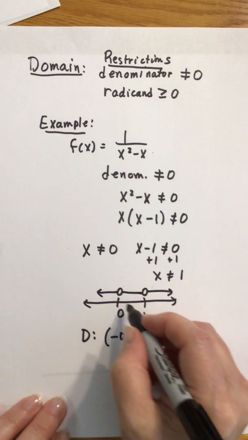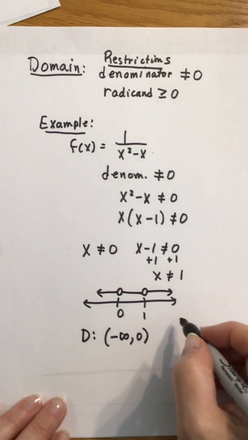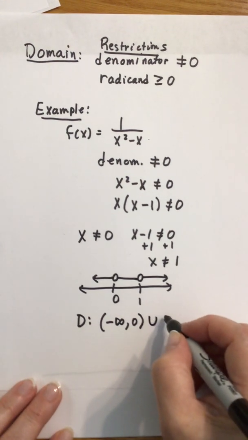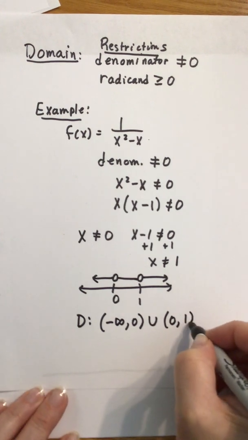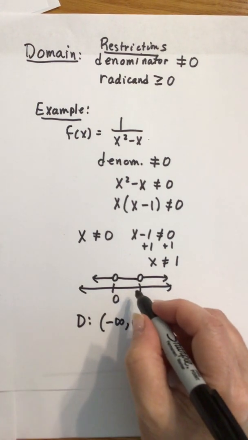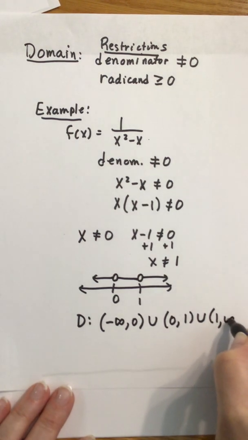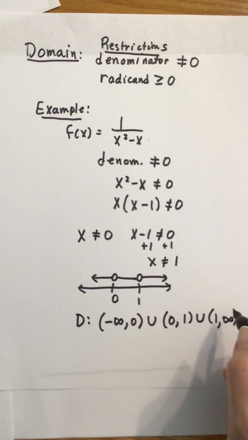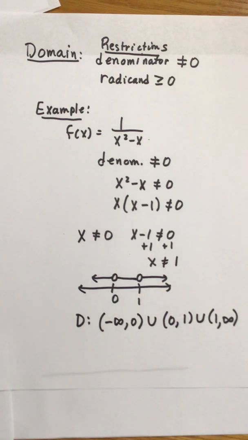Now since it's an open circle, we've got a parenthesis. If it was a filled in dot, it would be a bracket. So we have union that with 0 to 1 from this part between the two. Union that with 1 to infinity. So that would be our domain. So give everybody a chance to get that written down, and then we're going to try a radicand one.